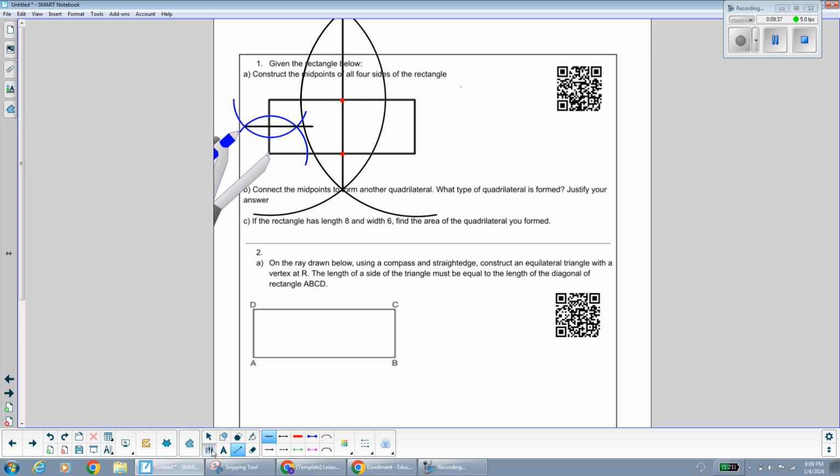Here I have my perpendicular bisector. So here is my midpoint of the side. And then finally, one more side to go.